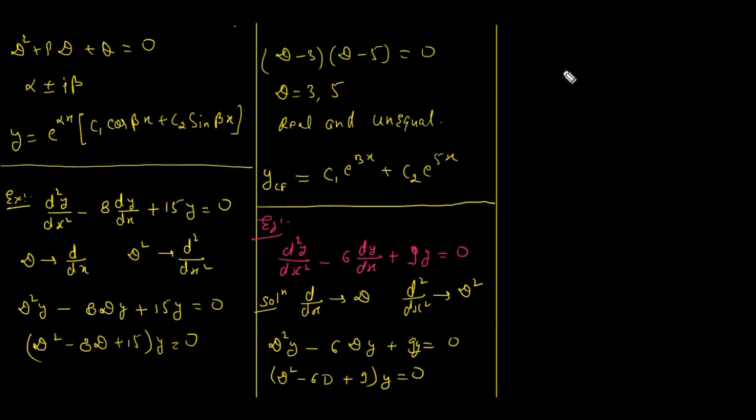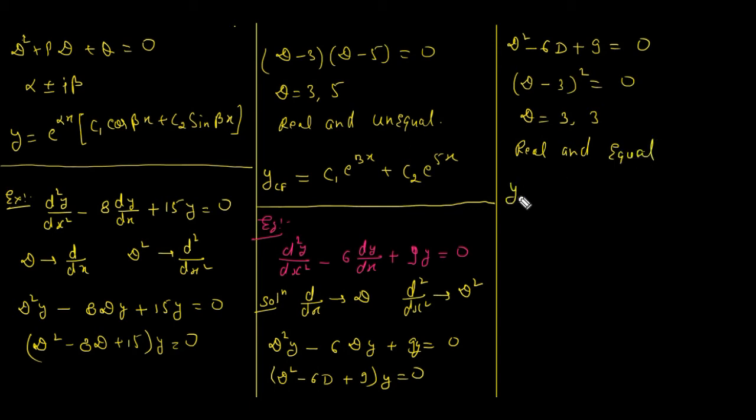Definitely y will not be equal to 0. So D square minus 6D plus 9 is equal to 0. D minus 3 whole square, it is a perfect square, is equal to 0. Roots are D equal to 3 and 3. Roots are real and equal.